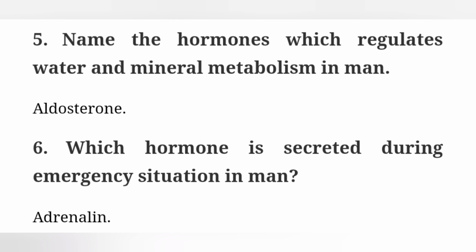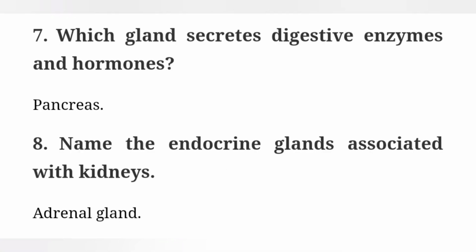Sixth one, which hormone is secreted during emergency situations in man? Answer, adrenaline. Seventh question, which gland secretes digestive enzymes and hormones? Answer, pancreas. Eighth one, name the endocrine gland associated with kidneys. Adrenal gland.